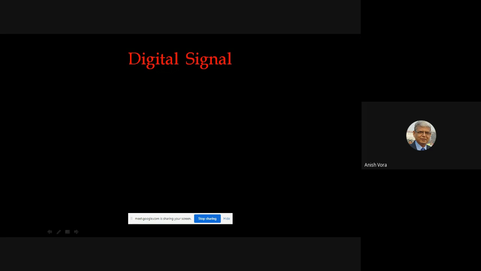But we discussed earlier that in a computer we have digital circuits and it understands only digital signals, right? Even if we apply analog signals, first they are converted into digital signals and then go to the required location of the computer. So a digital signal consists of two values, right?